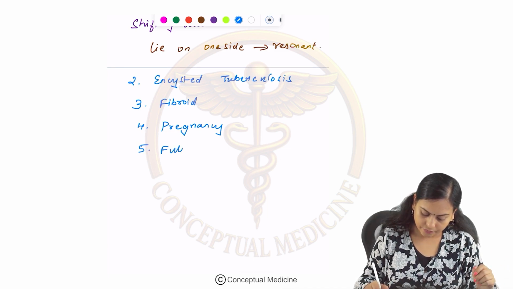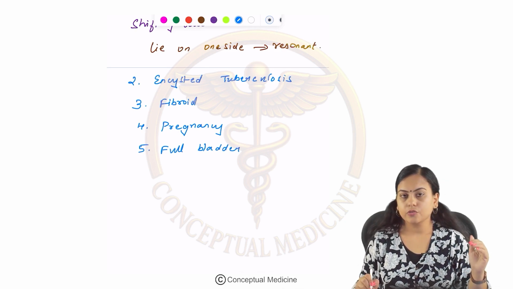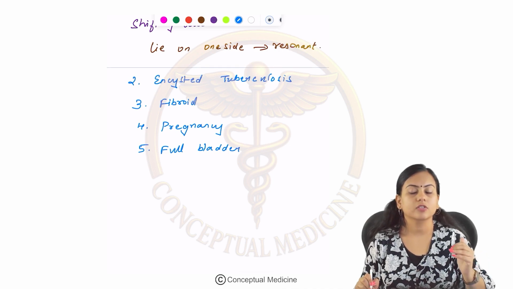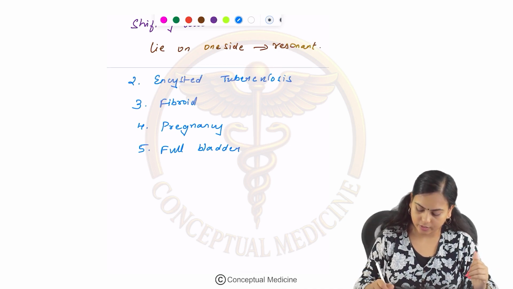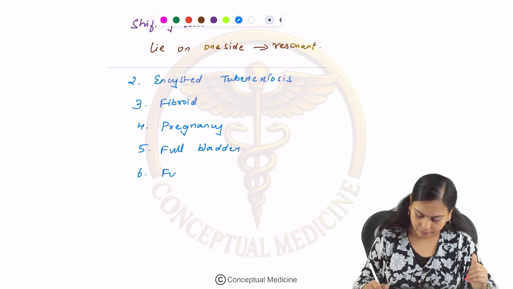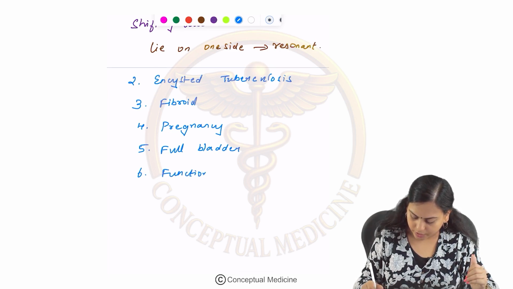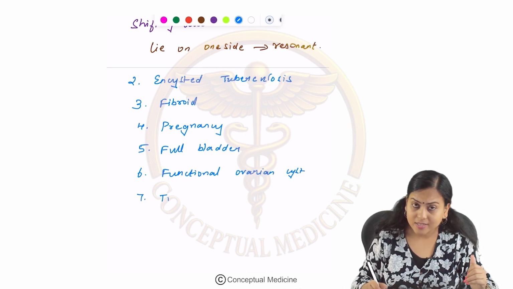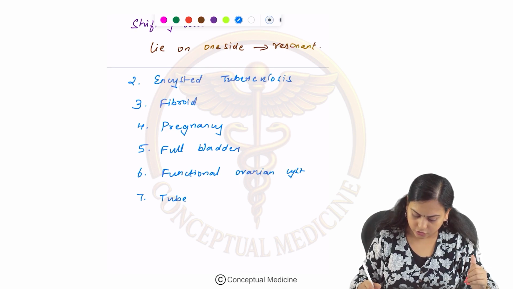Then, full bladder. Usually you can ask the patient to void once and come, or otherwise you can also catheterize and re-examine, to rule out this. Then, it can also be a functional ovarian cyst or a mass that is arising from the tube.